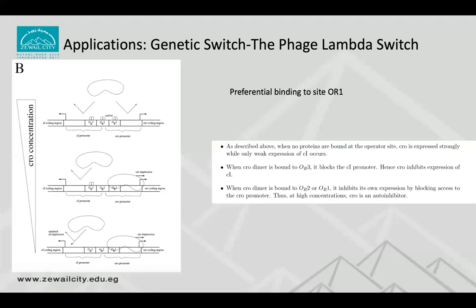When the Cro dimer is bound to the third operator, it blocks the CI promoter, so it inhibits expression of CI. But when it's bound to one of the first two operators, it inhibits its own expression by blocking access to the Cro promoter. So it is also an autoinhibitor at high concentration.